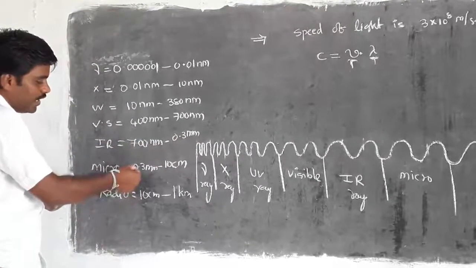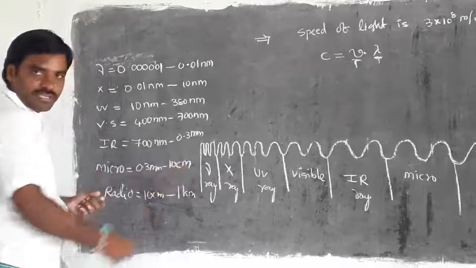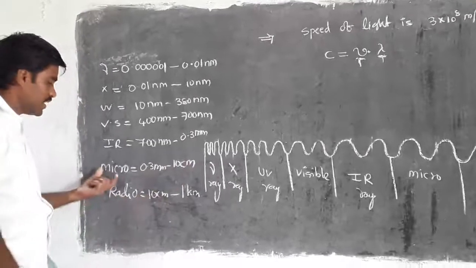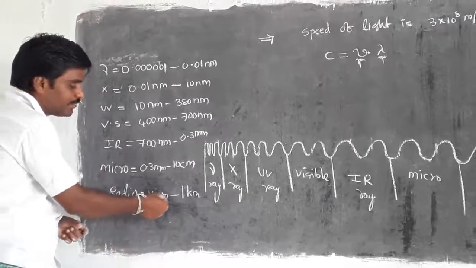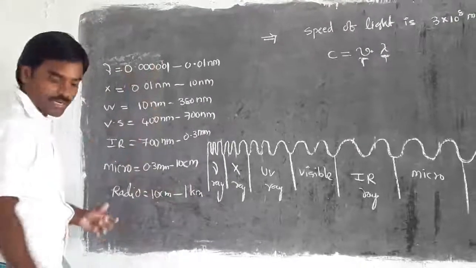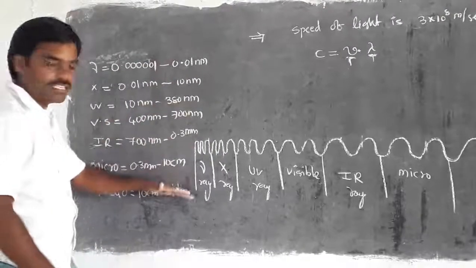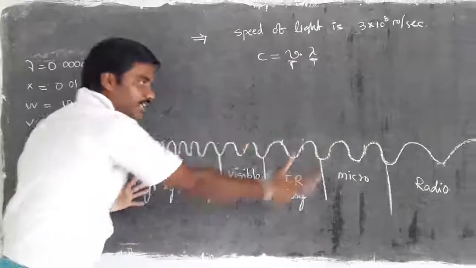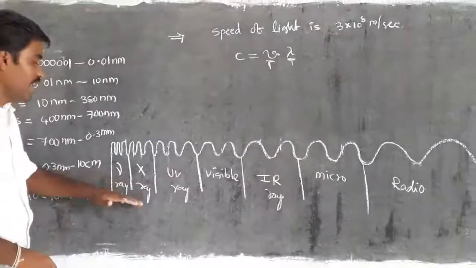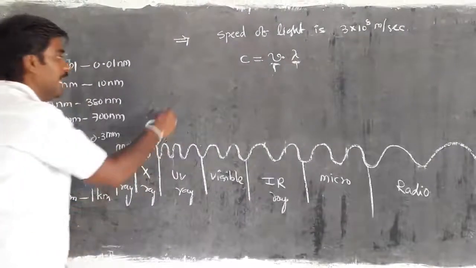Then if the wavelength is 0.3 millimeters to 10 centimeters, that is microwaves. The last one, 10 centimeters to 1 kilometer wavelength, we call radio waves. So when the wavelength changes, we have different waves. This entire range of rays, wavelengths or frequencies we call the electromagnetic spectrum.